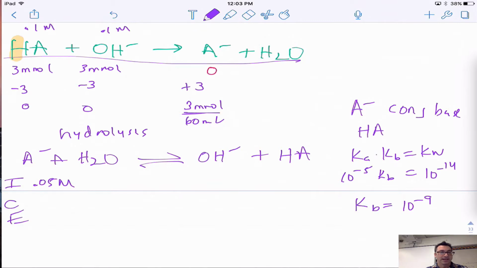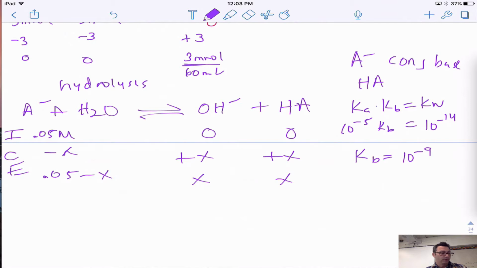0.05 molar of A minus, 0 and 0, minus X, plus X, plus X, X, 0.05 minus X. But we can neglect this minus X here, so we're going to have X squared over 0.05 equals 10 to the negative 9th.